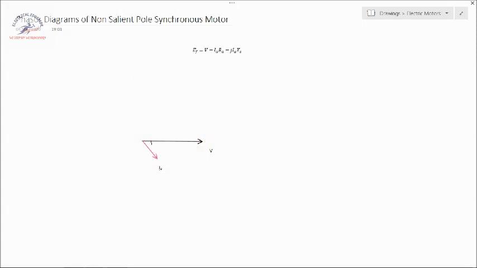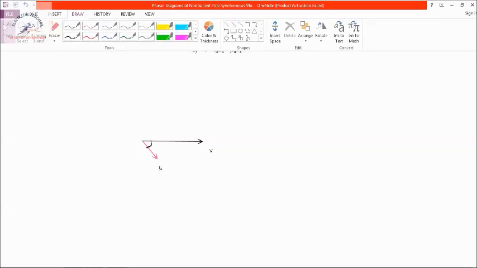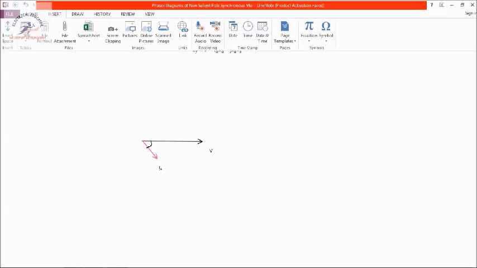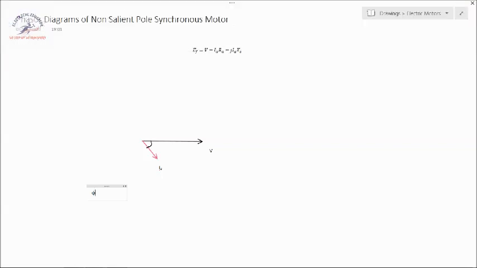So I denote this angle by phi. Phi is the angle between voltage and current, and cos phi gives us the power factor of the system.